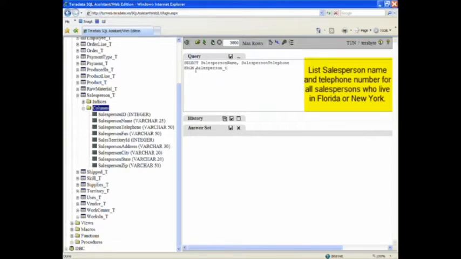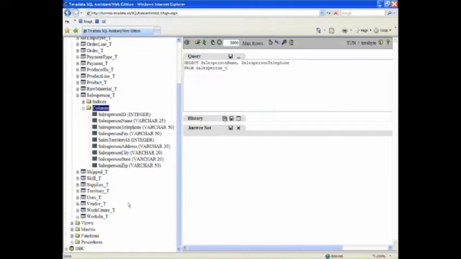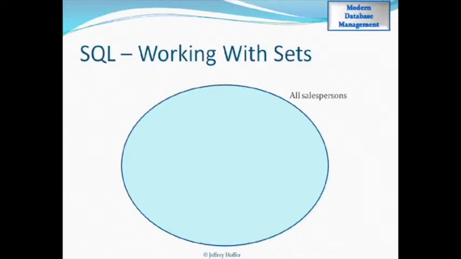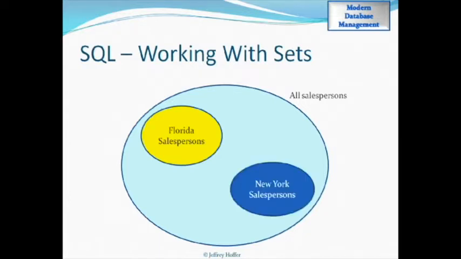There are several ways to write the where clause. One approach is to use Boolean set logic. Let's take a look at what the query is asking by representing it as sets. Consider the set of all salespersons. The query says we are interested in Florida salespersons and also New York salespersons, which are mutually exclusive subsets.